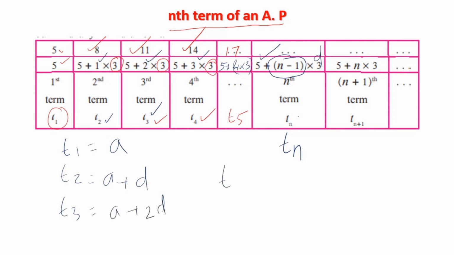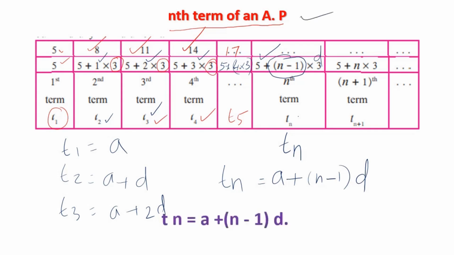That means for term n, what we'll be doing? We will be doing the first term, which is A, plus n minus 1, irrespective of whatever n is, into the difference. This is the general formula to find the nth term of an arithmetic progression.